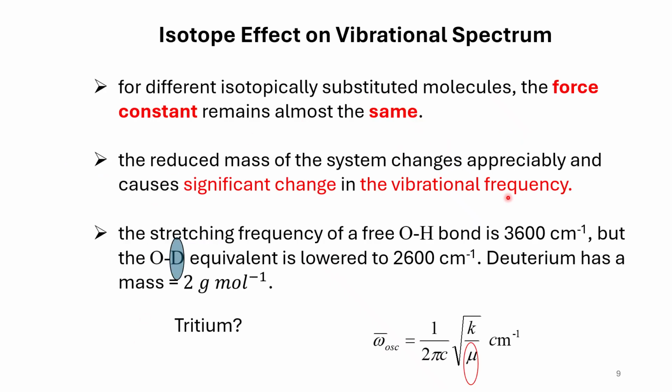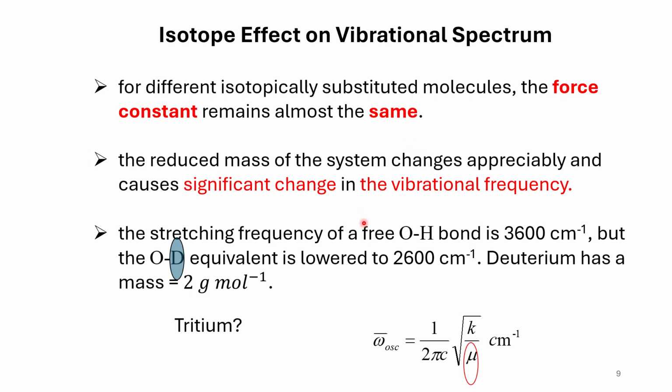Next, what about if the molecule is substituted with an isotope? For different isotopically substituted molecules, the force constant will remain almost the same. So the k value for molecules differing in the isotope will be the same.